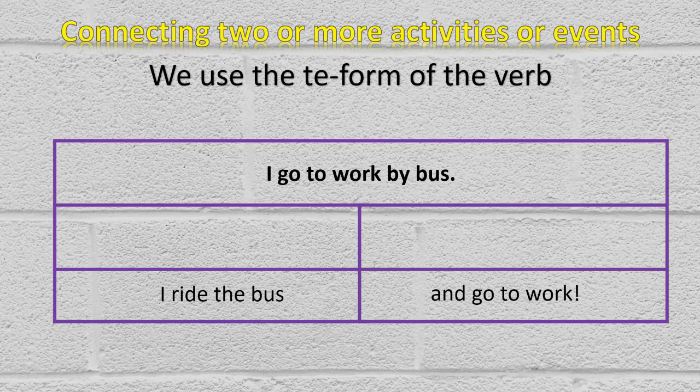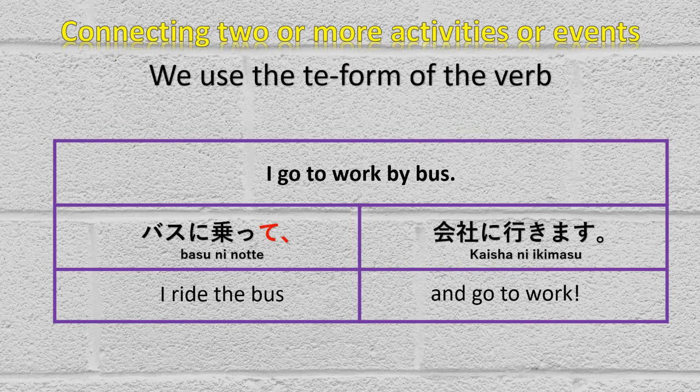Okay, it means I go to work. How? I ride the bus. In Japanese, basu ni notte, I ride the bus. Basu ni notte, kaisha ni ikimasu. So I go to work by riding a bus. But in English, we just say, I go to work by bus.